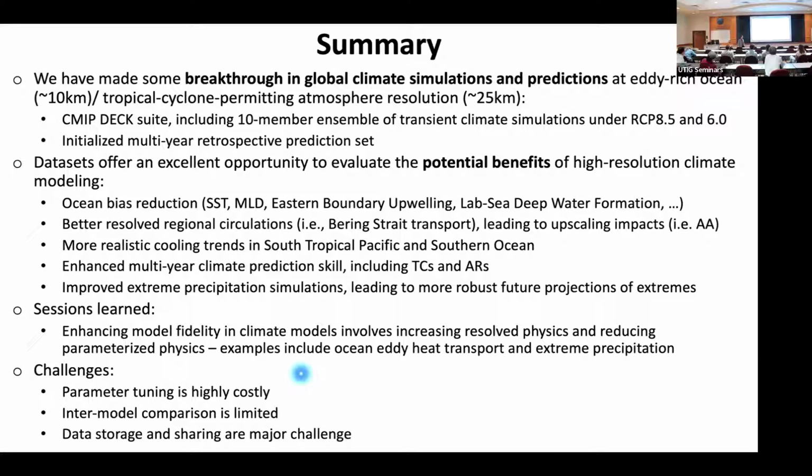Physically, we just published a paper trying to understand what causes the change in the bias. It turns out it has something to do with the KPP parameterization, the vertical heat flux in the ocean. When we run a high resolution model, the vertical heat flux actually changes quite a bit.